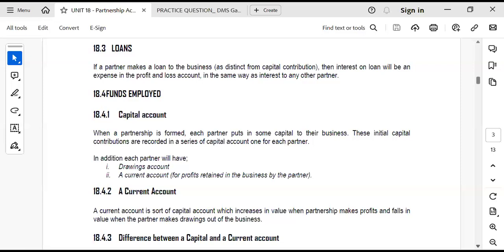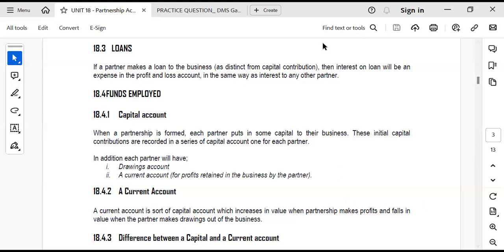Now here, because people keep on putting money, it's a business where people invest, they pick money, they give loans to the business, they want to pay themselves salaries, we have drawings. All these things that I'm talking about will usually affect the capital account.